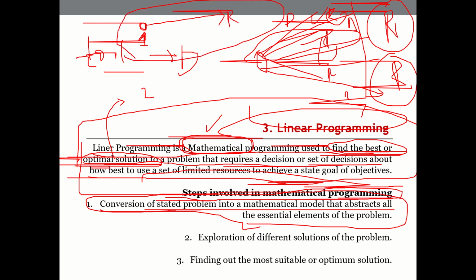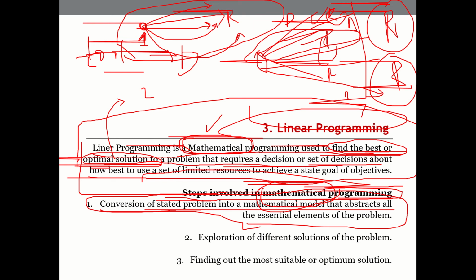And then we have alternates, like whether to go with bike, or bicycle, or public transport or four-wheeler, something like that, right? All these things need to be converted in the form of mathematical equations.